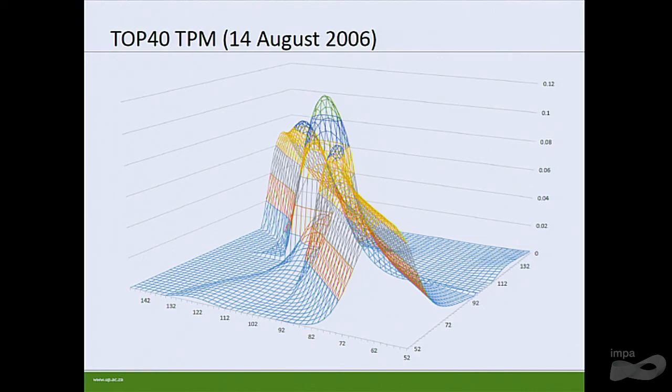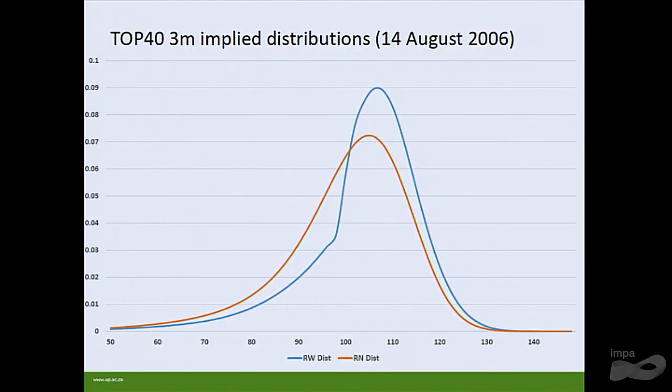From that, we construct the risk-neutral transition probability matrix. For that specific date, you've got your risk-neutral distribution, and the blue line shows you your real-world distribution. Great.